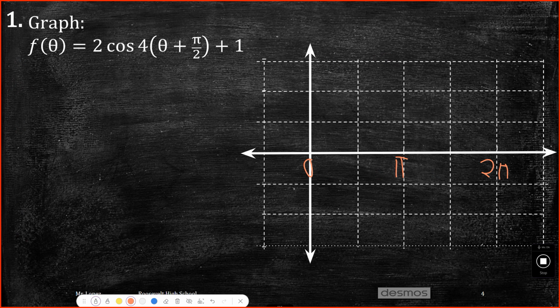Then it just goes on forever to the left or to the right. Let me see, that's not a very good color. Let's go with 0, pi, 2 pi, -1, +1.